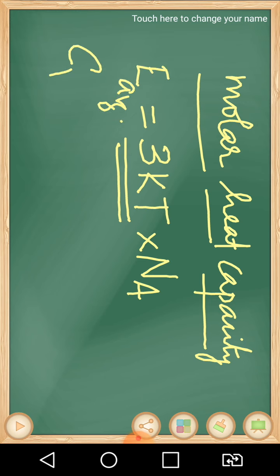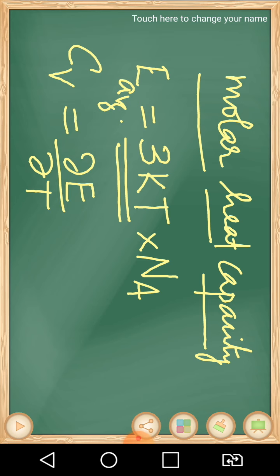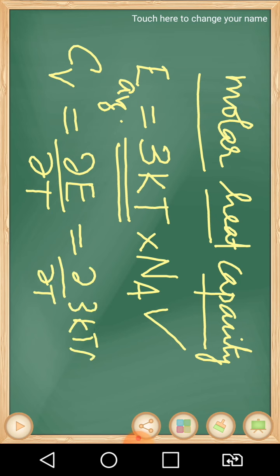Then we calculate the molar heat capacity, and we know heat capacity is dou E by dou T. T is the temperature. So differentiate this expression, that is dou by dou T of 3 kT Avogadro number. k is the Boltzmann constant, 3 constant.